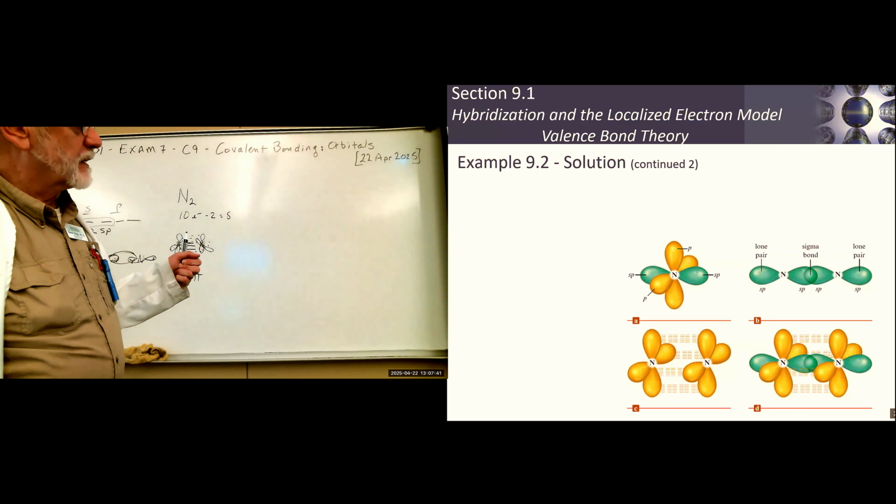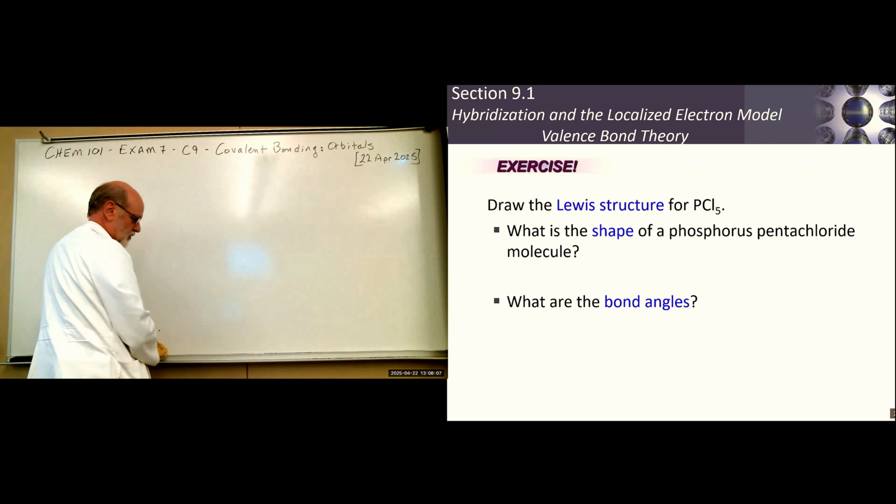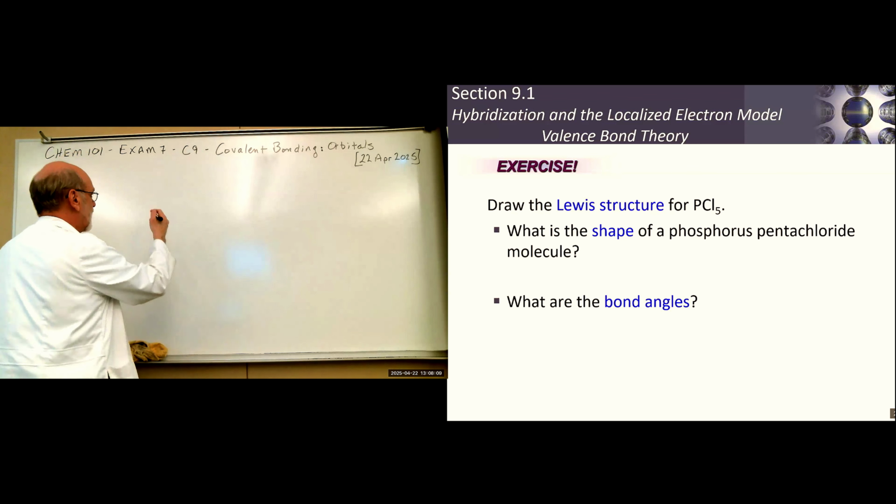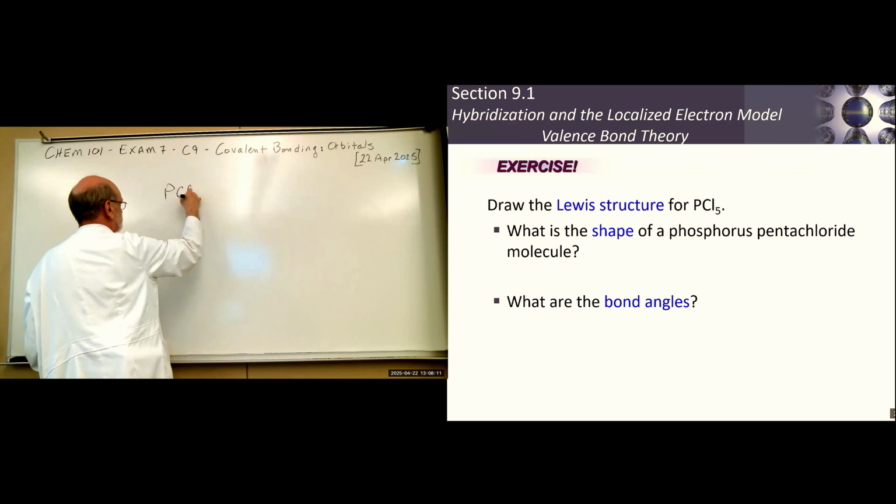Okay, so, as if our life isn't complicated enough, let's take a bigger molecule, PCl5. If we do the Lewis structure for this one, this would be 5 here, and this would be 5 times 7 is 35.